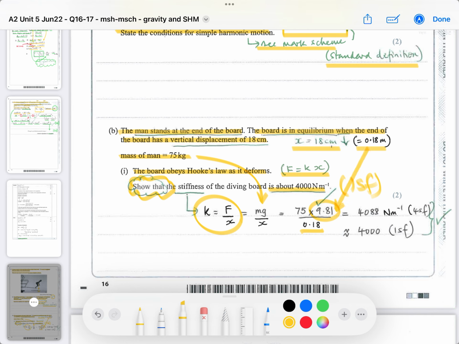That gives you a calculated value of 4,088, and that's to 4 significant figures. If it was 2 significant figures, it would be 4,100, but it's to 1 significant figure, that is approximately 4,000 newtons per meter. I should really put the units in there, and that will get you the 2 marks.